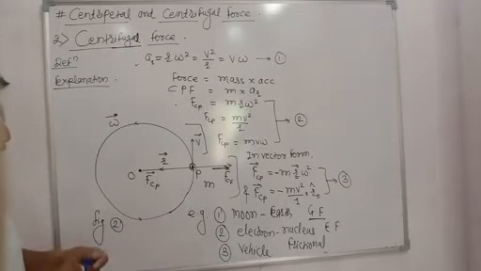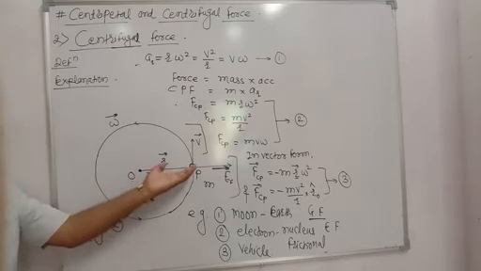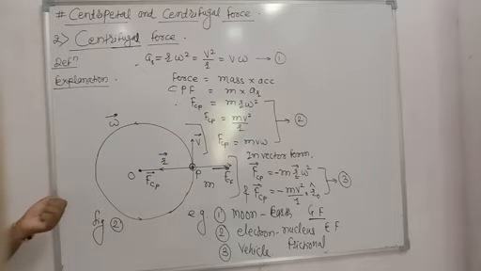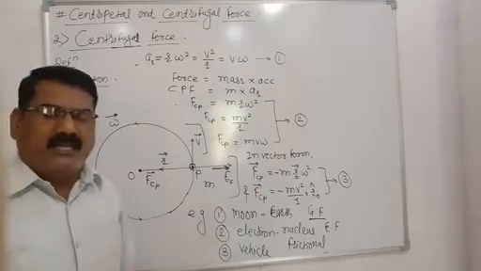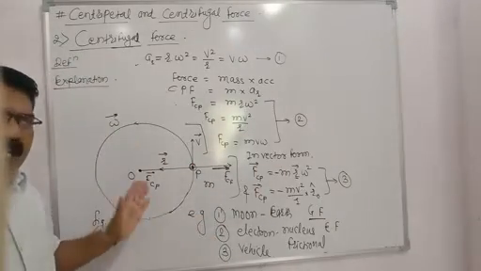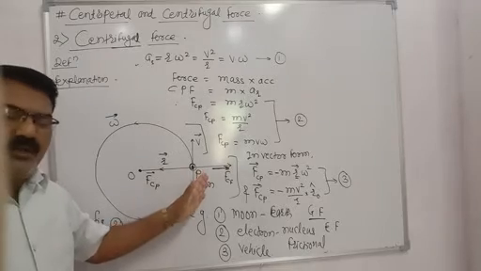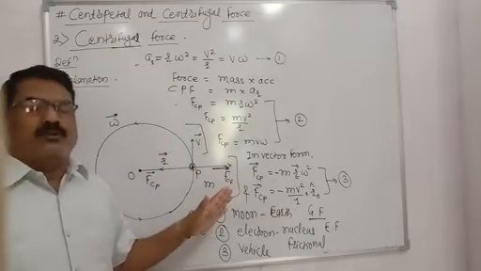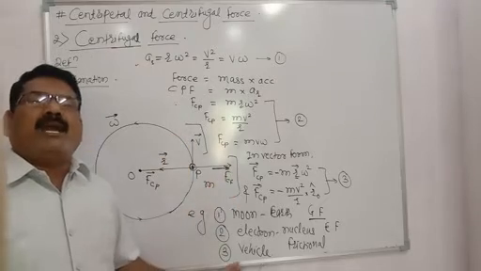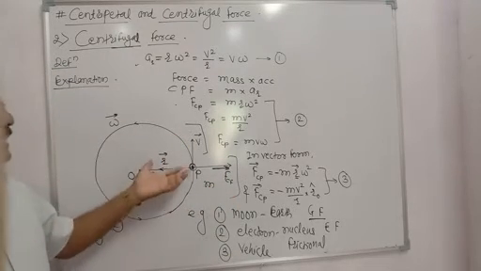It means that, dear students, centripetal force is directed towards the center, while centrifugal force is directed away from the center. The centripetal force and centrifugal force are both equal in magnitude but opposite in direction.